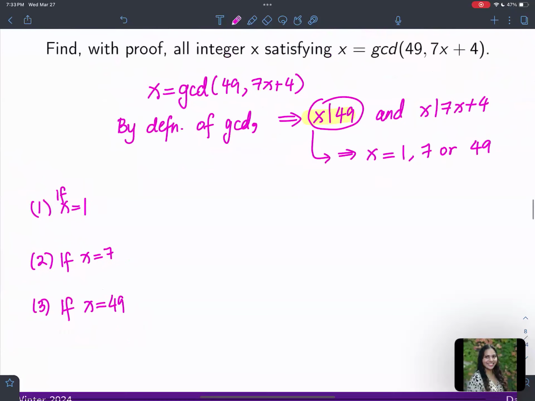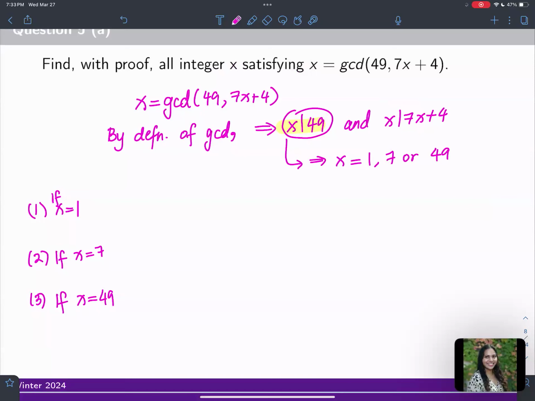As I told you in this chapter, cases and plugging in numbers for those cases, literally trying brute force, is very common. So if x equals 1, the GCD of 49 and 7x plus 4 is just the GCD of 49 comma 7 plus 4, which is 11.